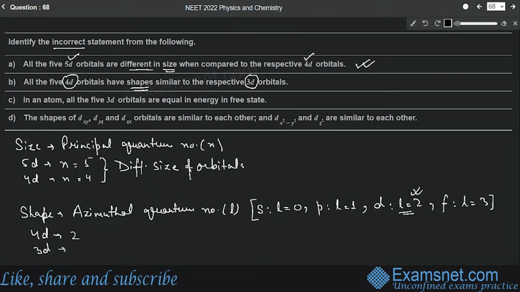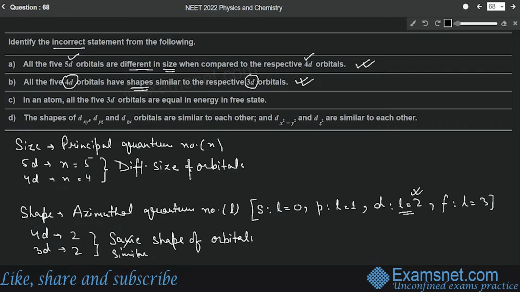Similarly, for 3d orbital also it is 2. So the azimuthal quantum number is the same for both. That means they will have similar shapes of orbitals, right? So option B is also a correct statement.